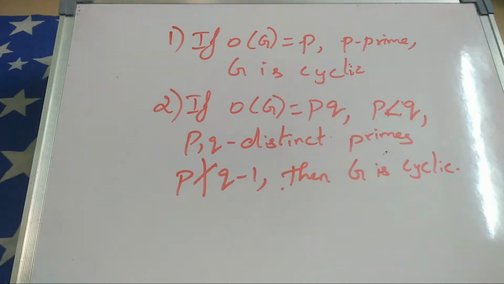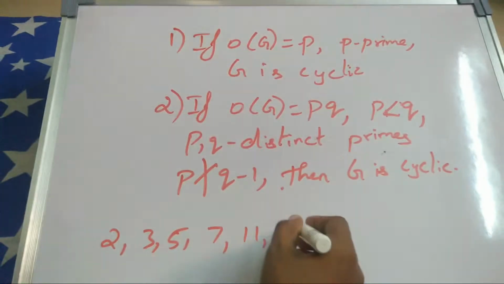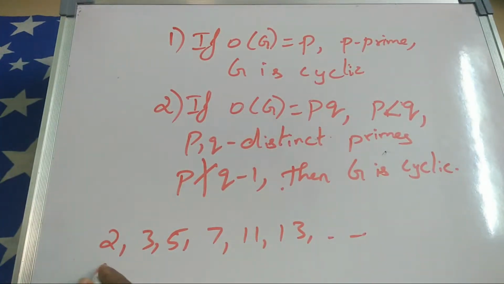So whenever we have any group of prime order, say 2, 3, 5, 7, 11, 13, etc., every group of these orders is cyclic for sure. And also we saw another fact that any cyclic group G of order n is isomorphic to Zn.